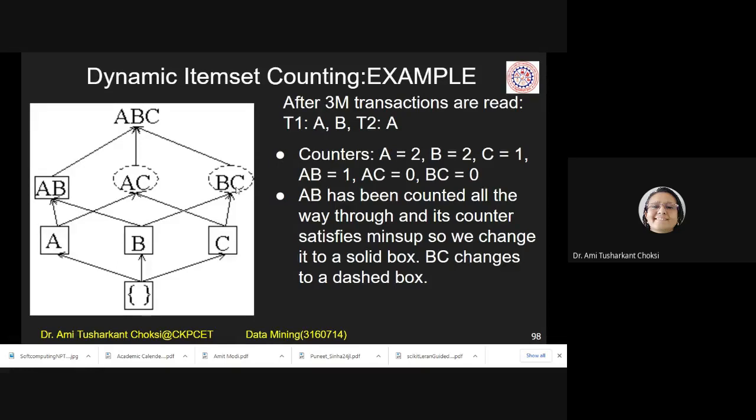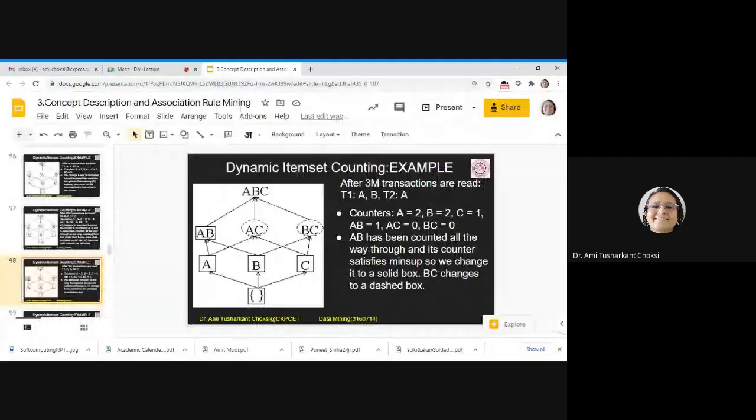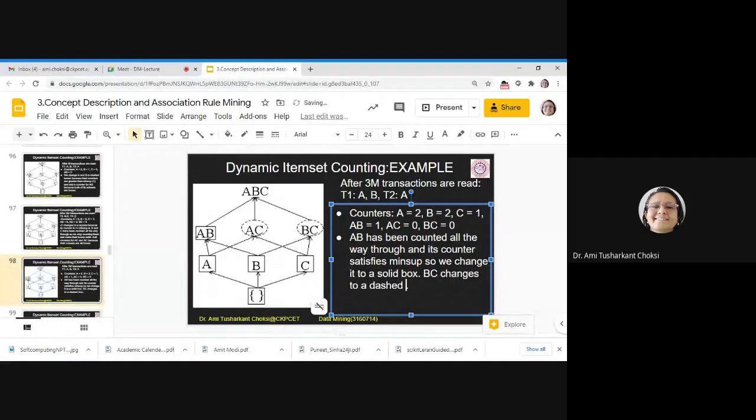No. Then we should not change it to a dashed box. We'll keep it as a circle only. It is not changing. It remains the same here.